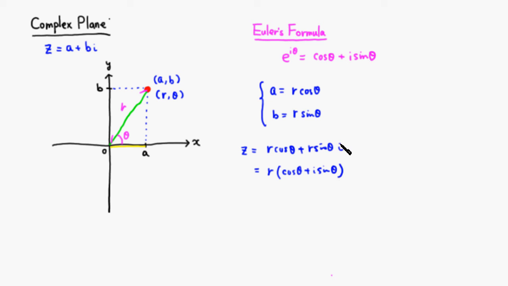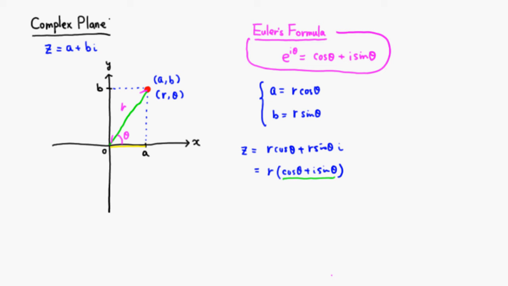You can see that we found something very familiar: cosine of theta plus i sine of theta can be rewritten as e to the i theta using Euler's formula.